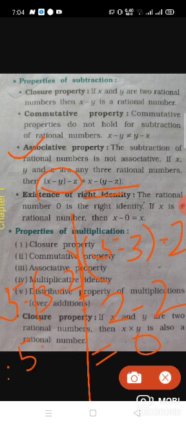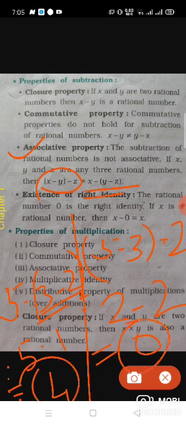According to BODMAS, we have to solve the bracket first. So 3 minus 2 is equal to 1. So 5 minus 1 is equal to 4. So friends, 0 is not equal to 4. So the associative property does not hold for the subtraction of rational numbers.